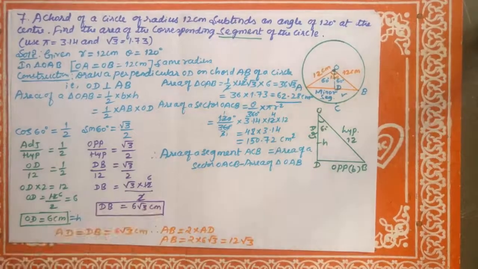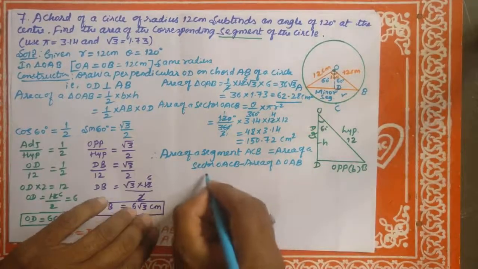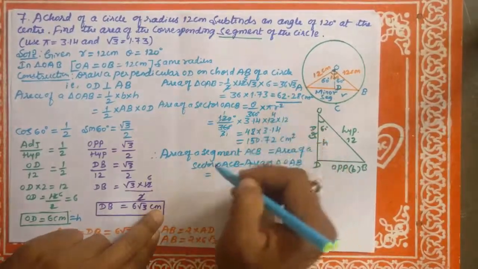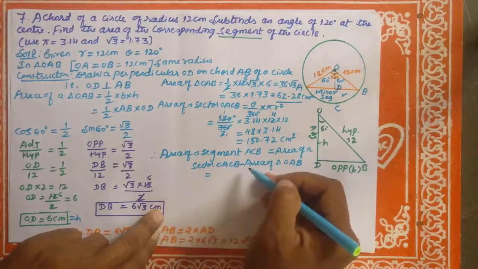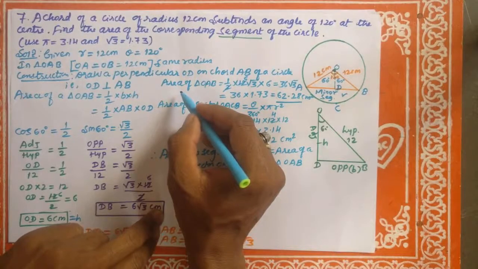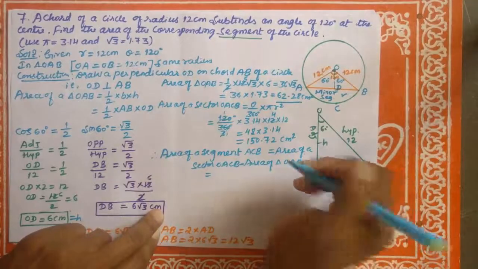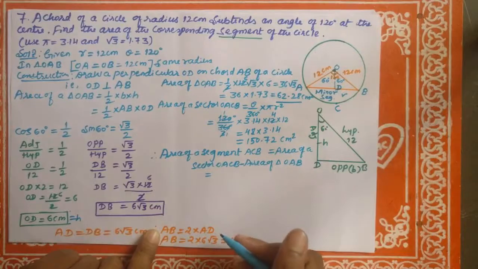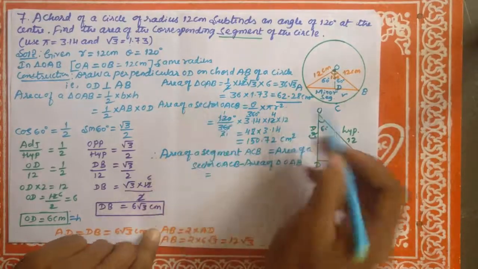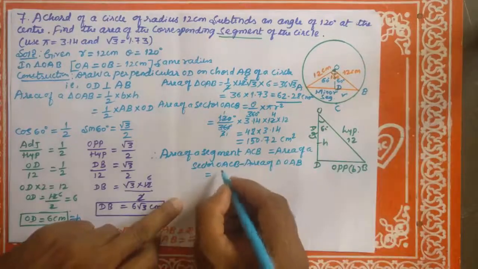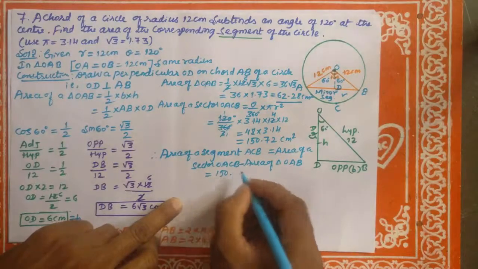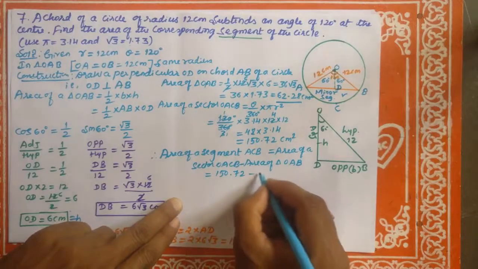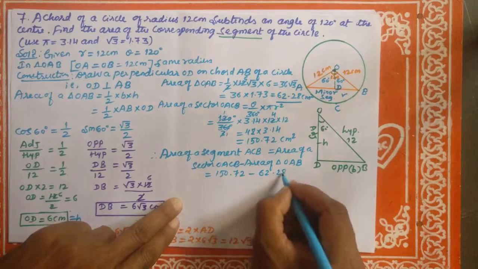Put those values and subtract. Area of sector OACB is 150.72 square centimeter, minus area of triangle OAB, that is 62.28 square centimeter.